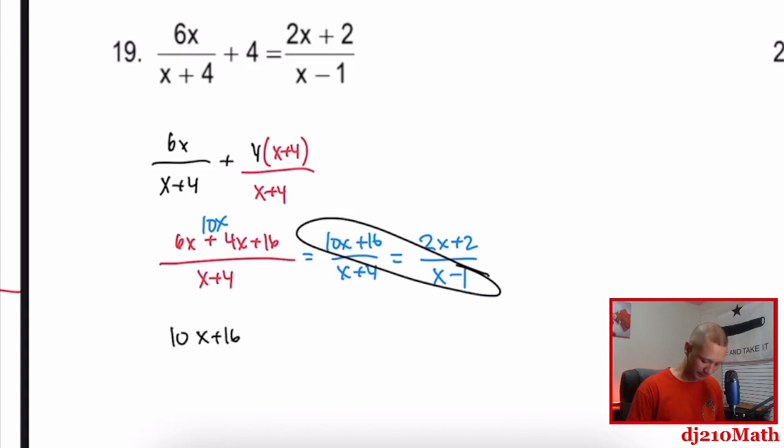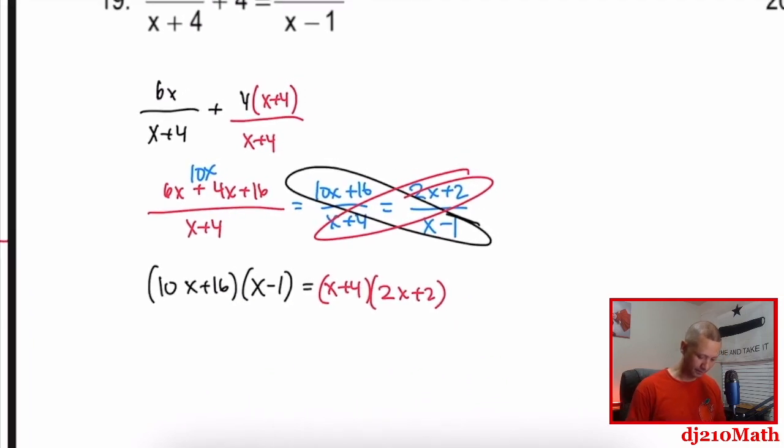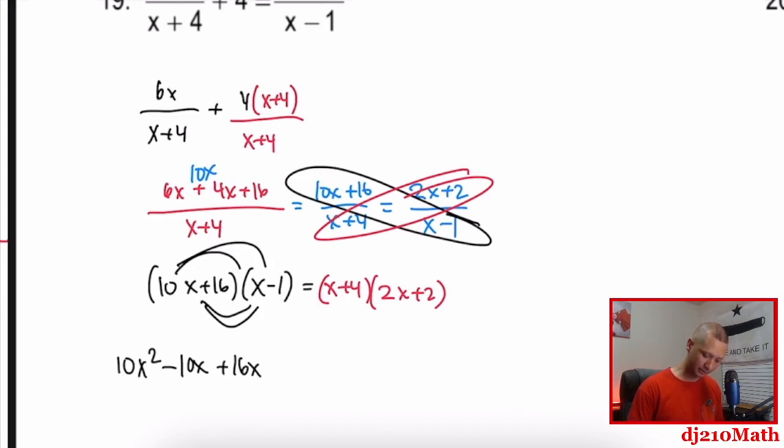10x plus 16 times x minus 1 is equal to this way, x plus 4 times 2x plus 2. Okay, let's just start distributing. So this is going to be 10x squared minus 10x plus 16x minus 16.